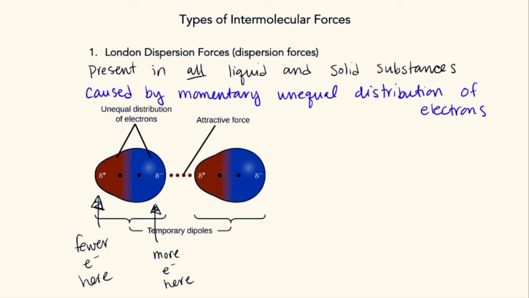And what that will do is induce a dipole in the molecule next to it. So what that means is if I've got a lot of electrons here, electrons repel each other, right? Electrons repel each other.